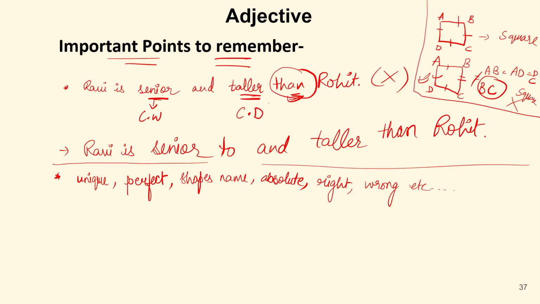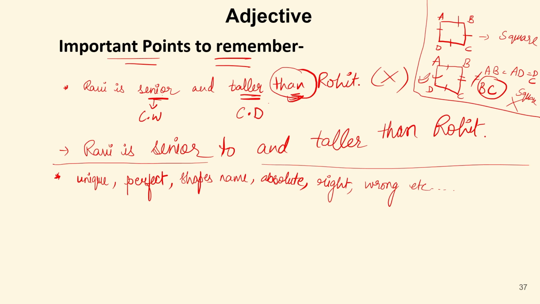If I say something is right, it means it is right. But if I say something is more right, what is more right? Right is right, wrong is wrong. There is no concept of something being more right or more wrong, because anything that is right is right and anything that is wrong is wrong. If something is perfect, it means it is perfect in all the senses.